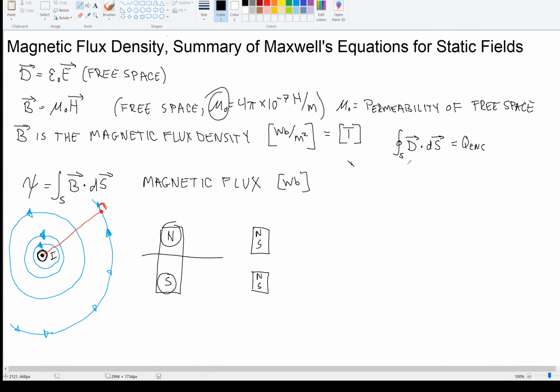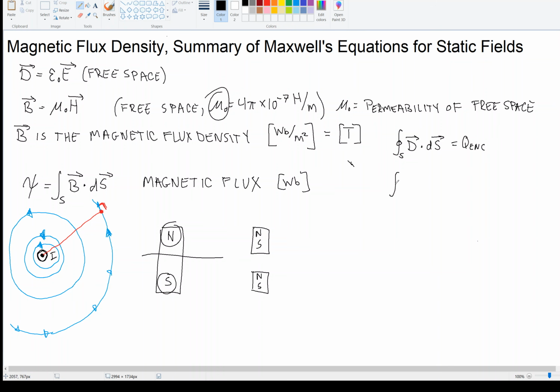So now we can write a similar thing for magnetic fields and magnetic flux density. If you want to think of charge in this case as magnetic charge, like monopoles, since the net charge must be zero, because you cannot separate a north from a south pole, then this integral is always equal to zero in the magnetic case.